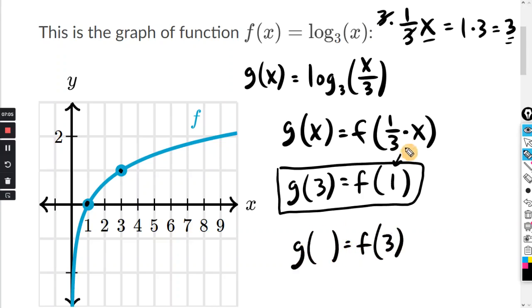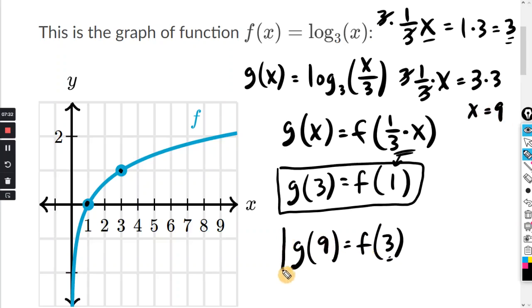Again, we're just going to match it up. 1/3 times x equals 3. And how do you solve for x? You just multiply both sides by 3. And the 3's cancel. X equals 9. All right, so g of 9 is going to equal f of 3.